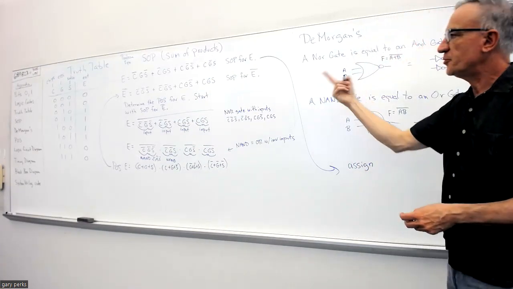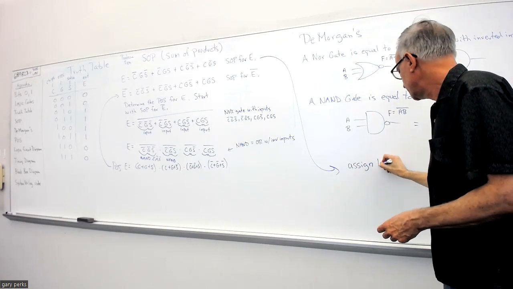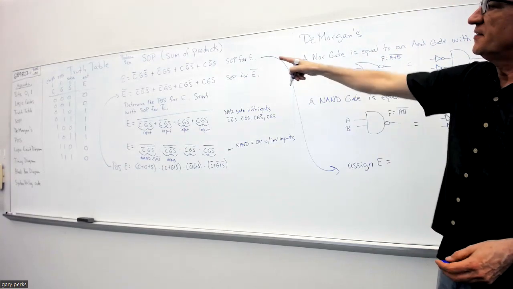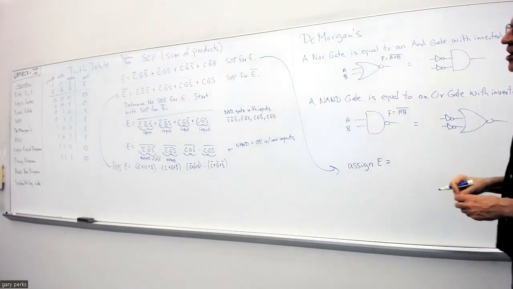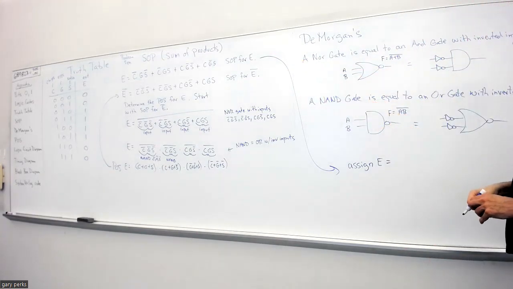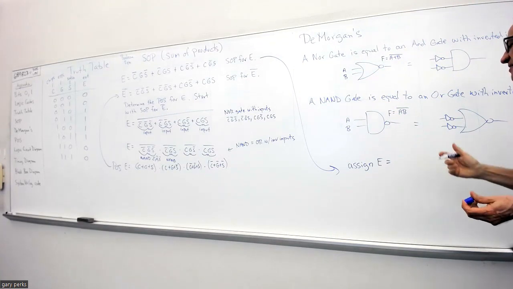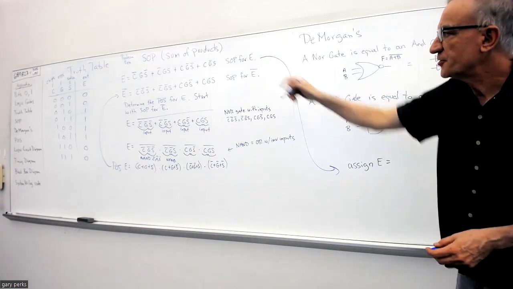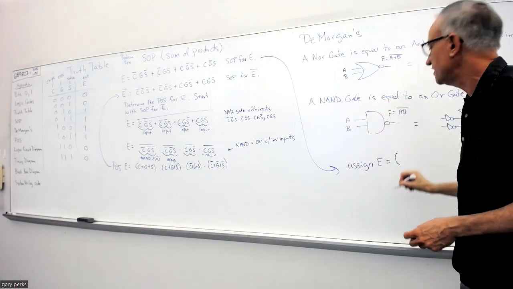Then you would put the output, which here is E, and then the equal sign. For these terms, although it might not be required, I like to put each term within parentheses. So like that first term there, I put parentheses.